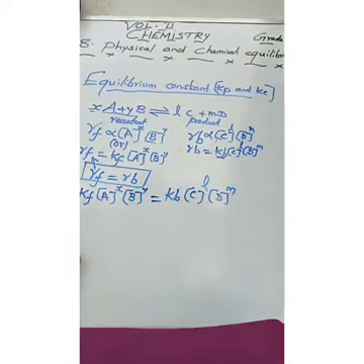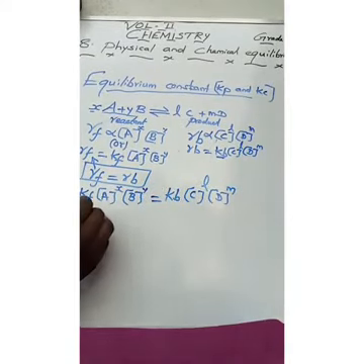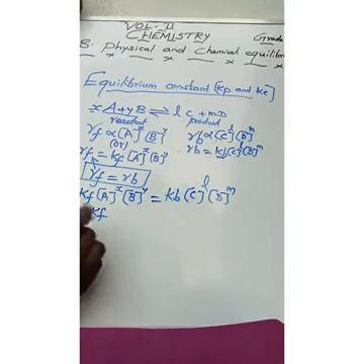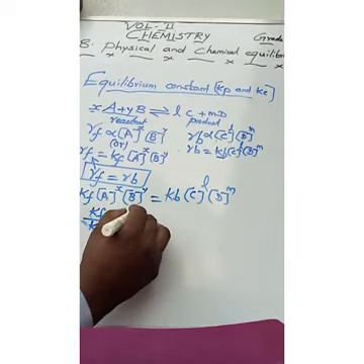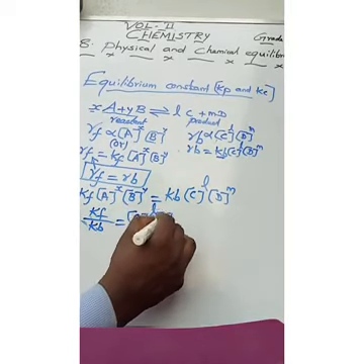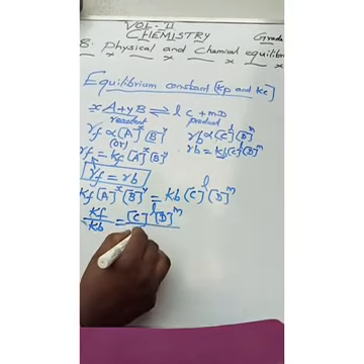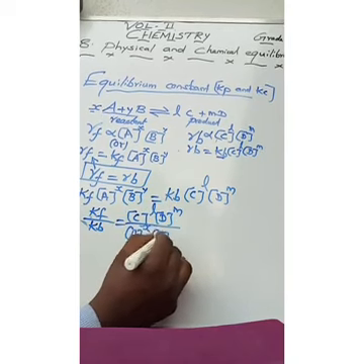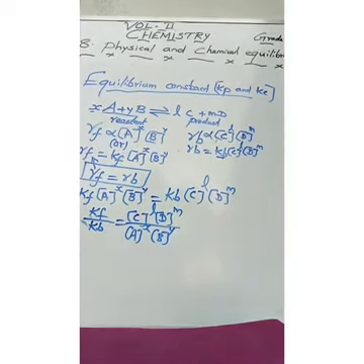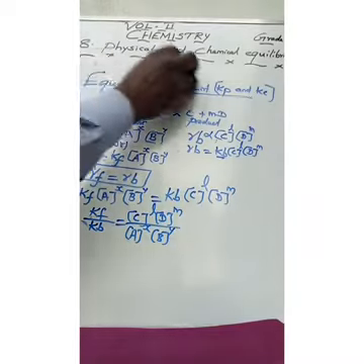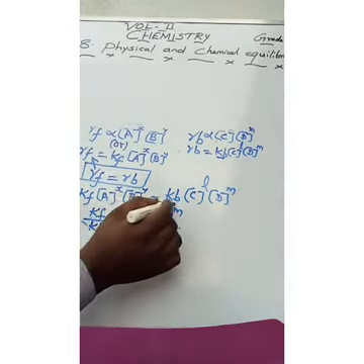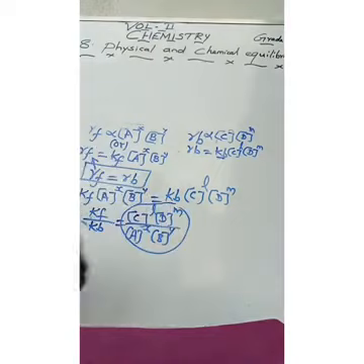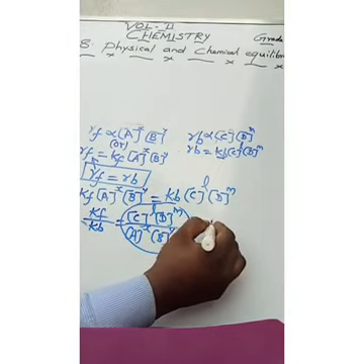From here we can take KF by KB. KF by KB is equal to C power L, D power M divided by A power X, B power Y. This term, C power L, D power M over A power X, B power Y, we can write as KC.